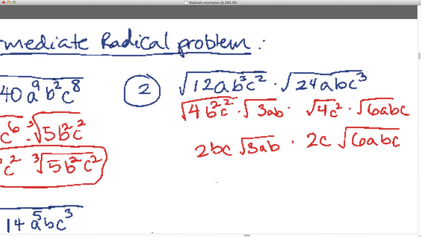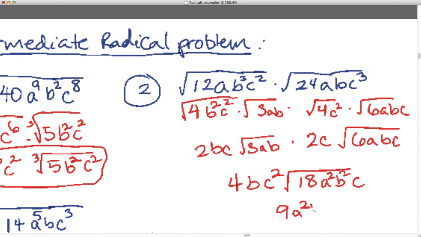Then you multiply what's left. Coefficients give you 4bc squared, and inside we're going to get an 18a squared b squared c, and you can pull out a 9a squared b squared, be left with a 2c underneath the radical.